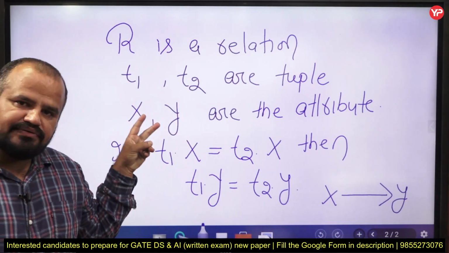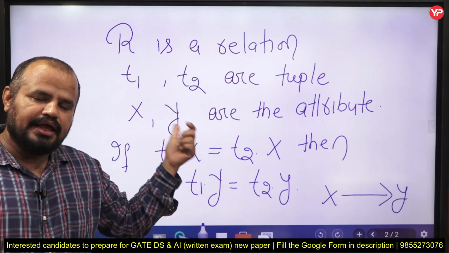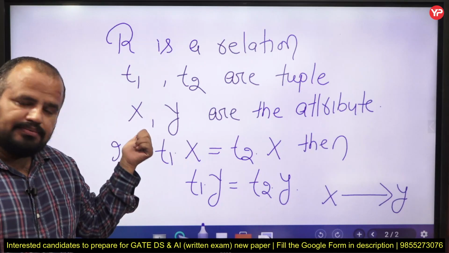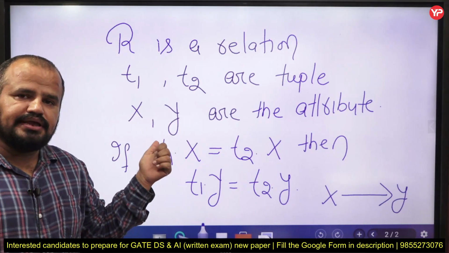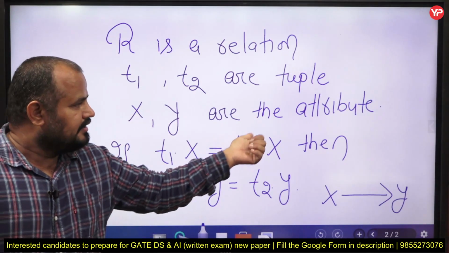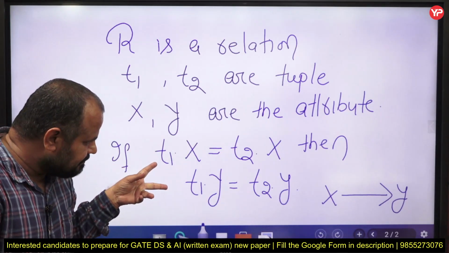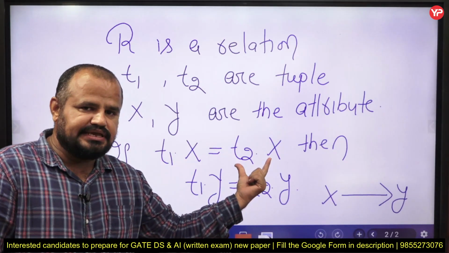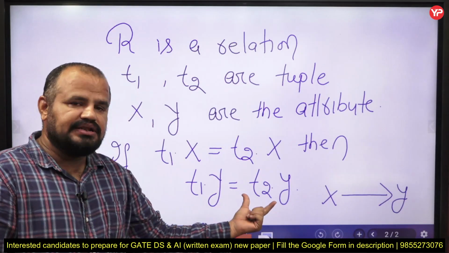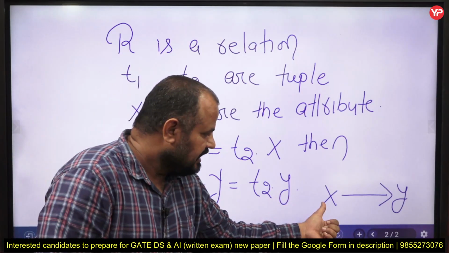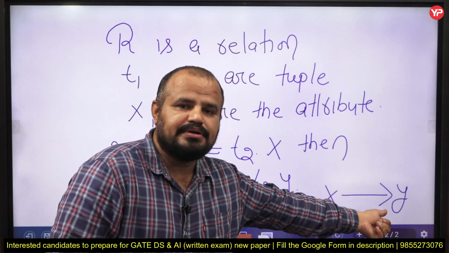In that relation I have two tuples T1 and T2 and two attributes. Suppose one attribute is X, it may be the roll number, and one attribute is Y, it may be the name. Now the condition is, if both the tuples' X values are the same, then their Y values should be the same. In such a case I can say X uniquely determines Y.